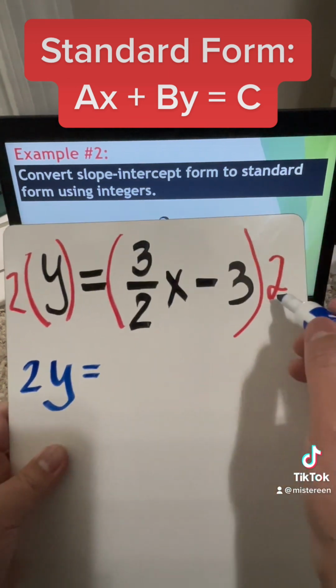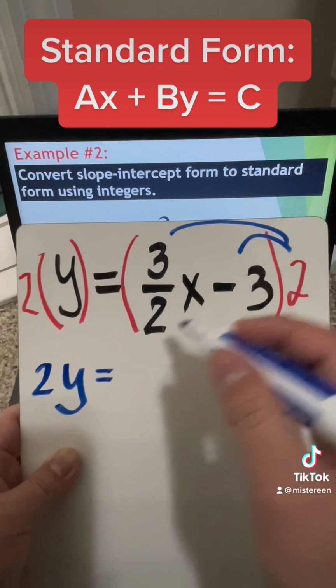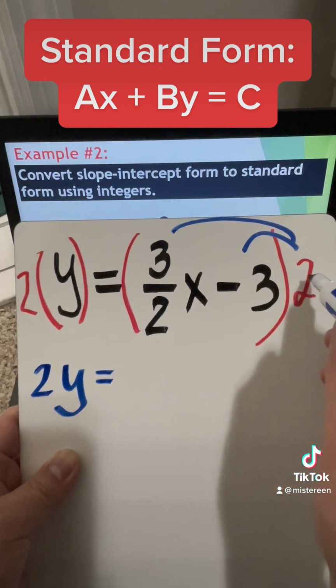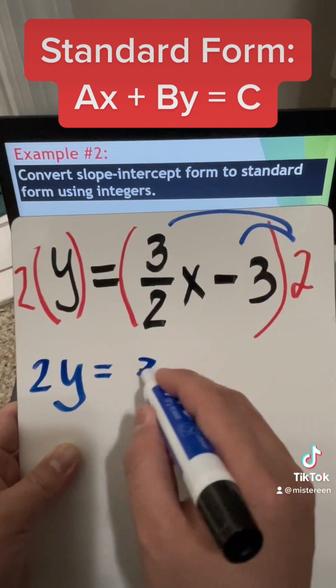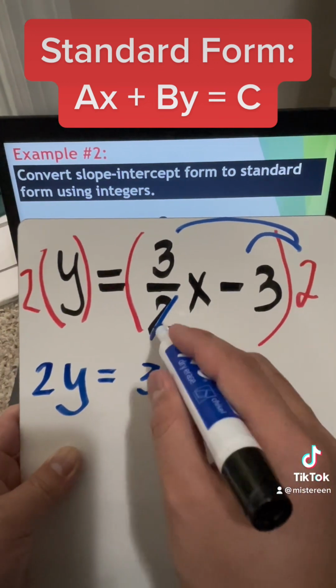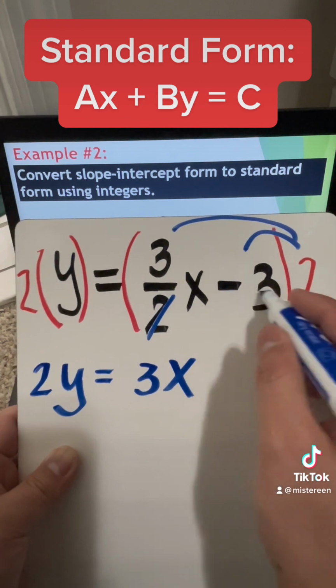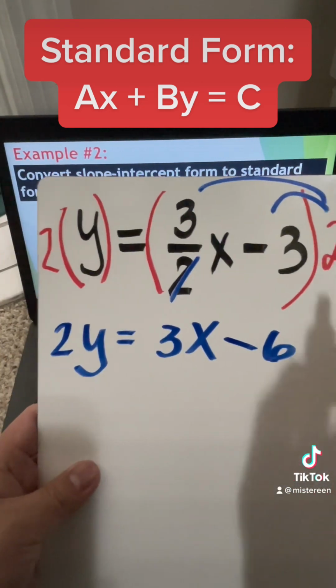On the right side, you will do the distributive property. First, multiply 3/2 times 2, which equals 3, and then put the x. It will cancel out the 2. Then you have 2 times negative 3, which is negative 6. Don't forget to do the distribution.